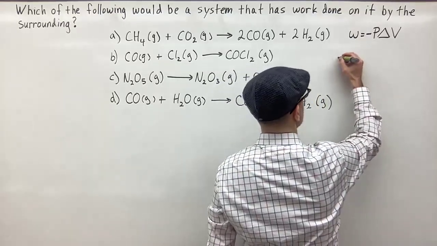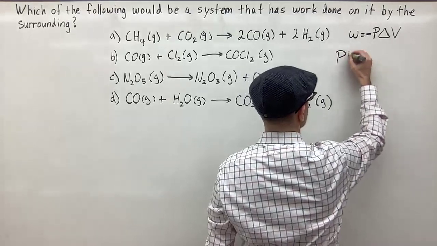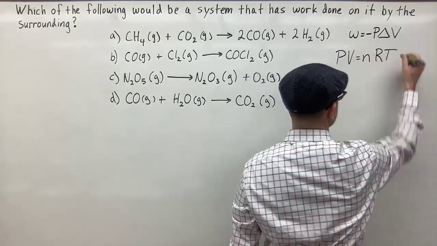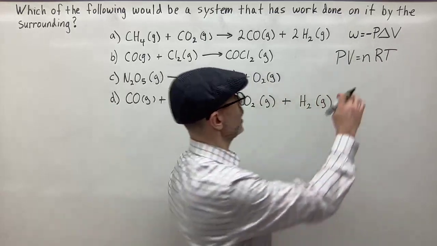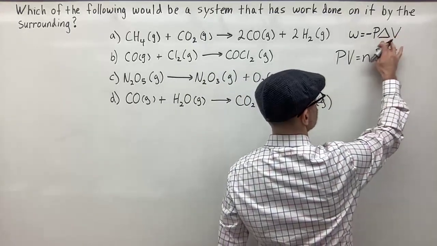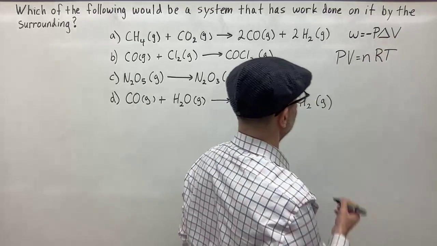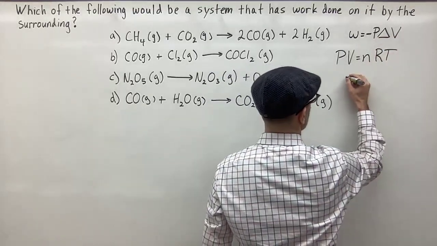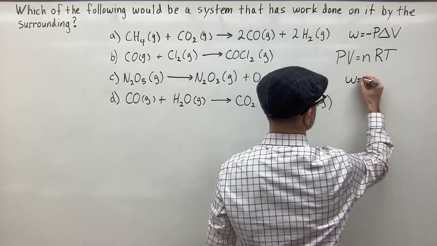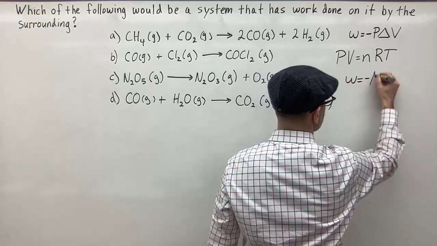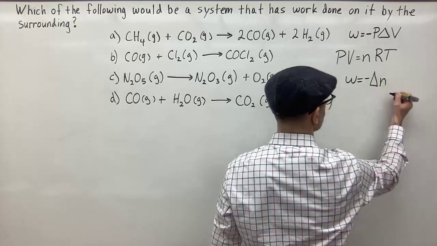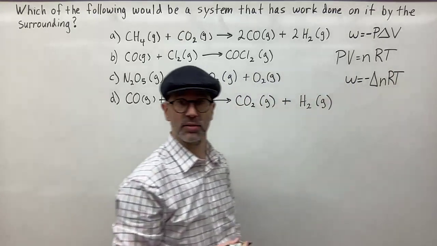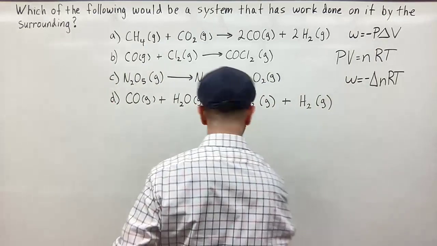But if you remember, PV equals nRT. So here we have P times the change in V, and we could replace this with work is equal to the negative of the change in the moles times RT.